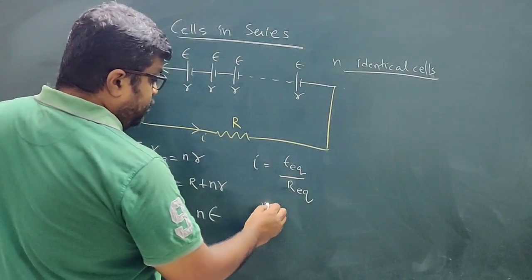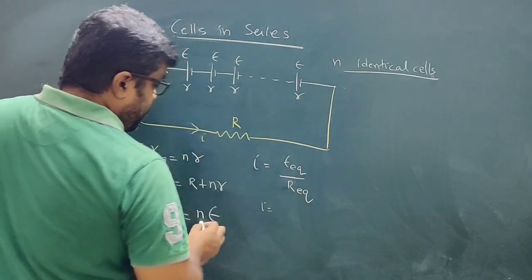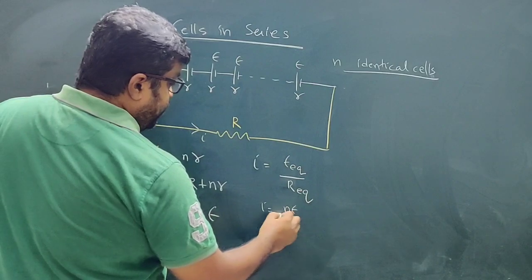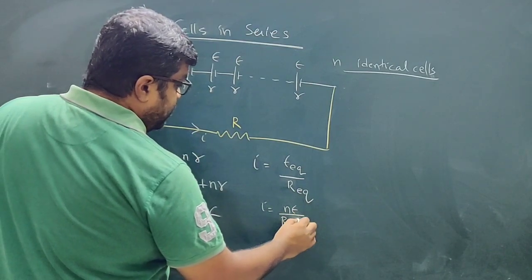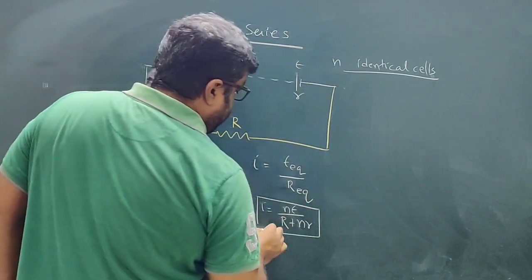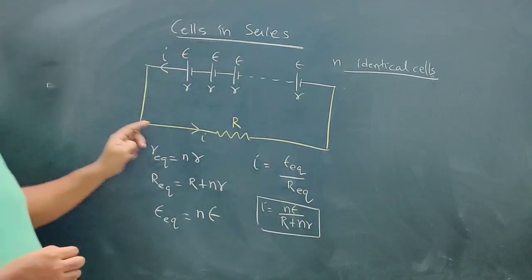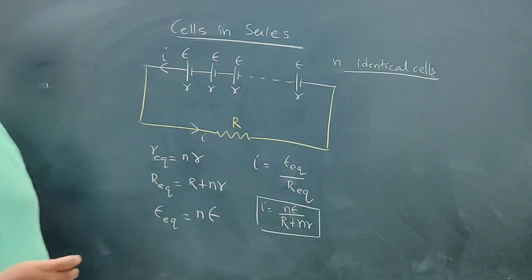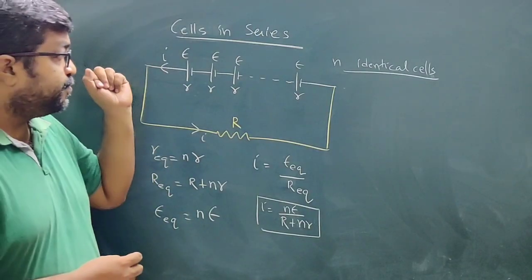So I is equal to nE divided by R plus nr. So this is the current that will flow in this combination of n identical cells.